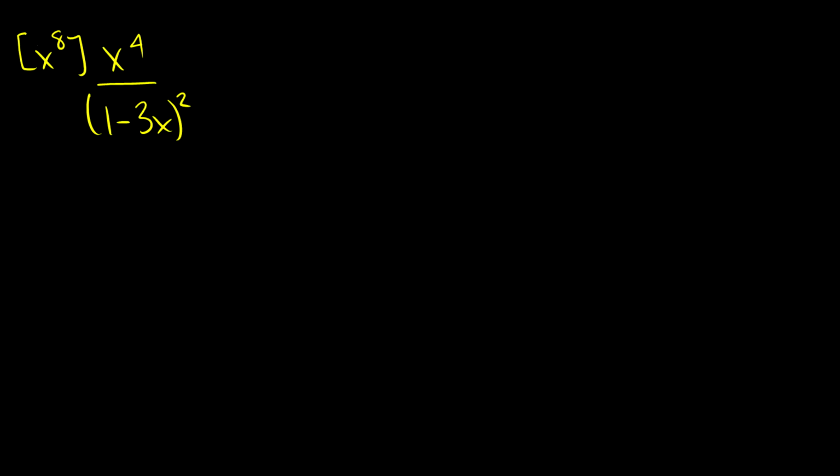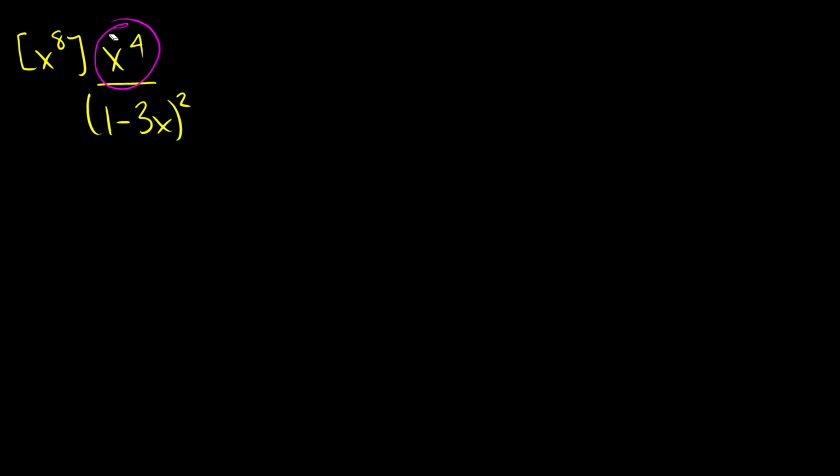Okay, what is the coefficient of x to the 8 of x to the 4th over 1 minus 3x squared? Well, how do we deal with this x to the 4 on top? Well, here's the thing.